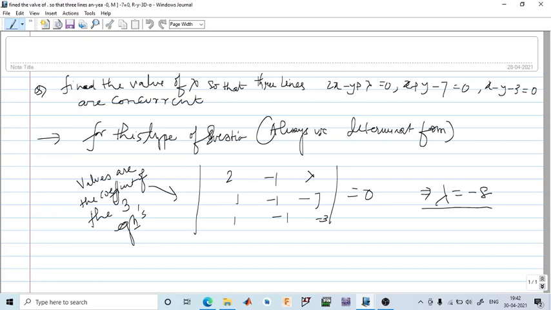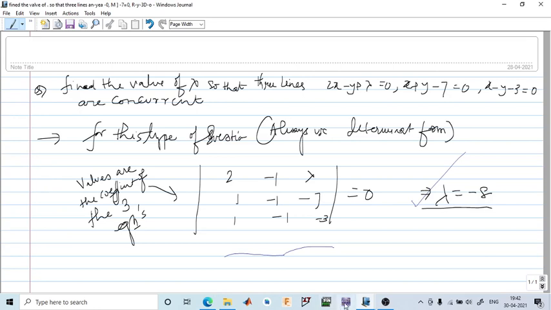For this type of problem you should always use the determinant form, that will make it easier to solve, otherwise it would take more time, right? I am just writing the coefficients, and after writing the coefficients we are getting the determinant, and that determinant value is 0, we all know, right?